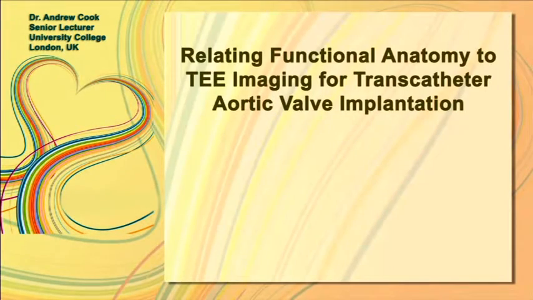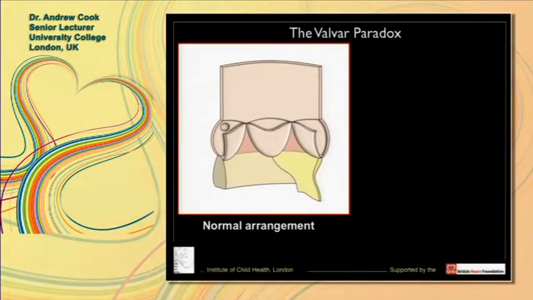So let's have a look at what happens to the anatomy in the setting of a stenosis. If you remember, in the normal valve, we had triangles of tissue between each of the leaflets which run the full height of the sinus, so up to the sinotubular junction. And that's because of the attachment of the leaflets.